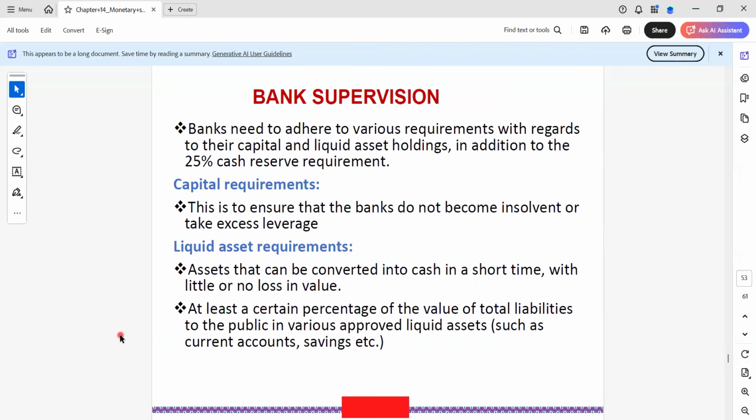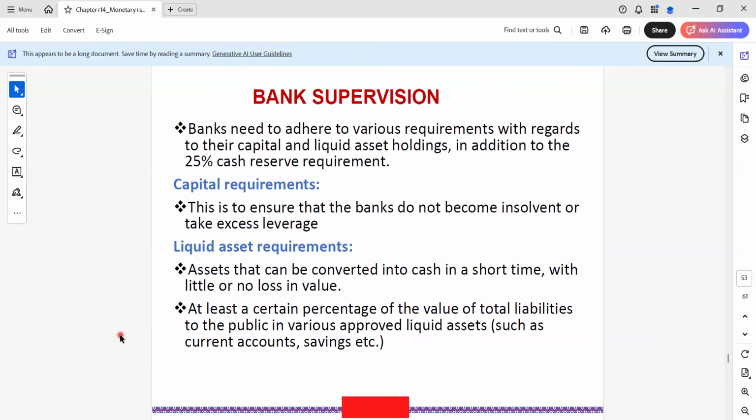Bank supervision. Banks need to adhere to various requirements with regards to their capital and liquid asset holdings, in addition to the 25% cash reserve requirement. Right, capital requirements. This is to ensure that banks do not become insolvent or take excess leverage.